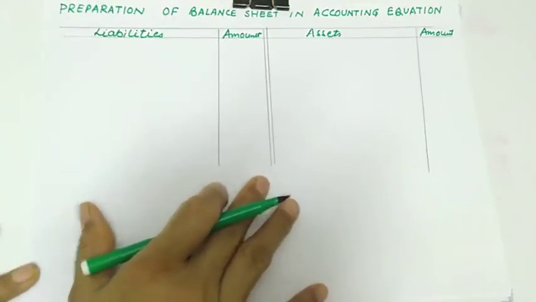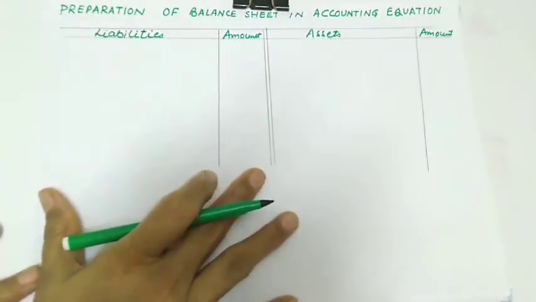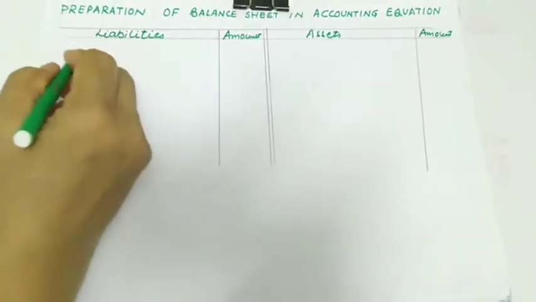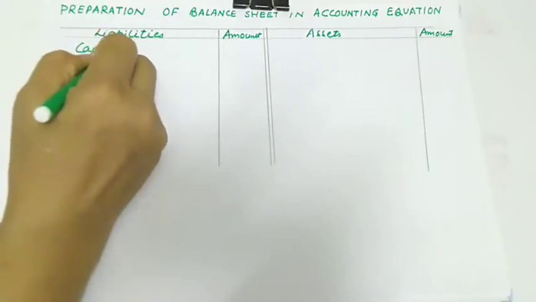So here we'll be writing all those sources from where we obtain the money. So all sources of finance. So there are two sources broadly.